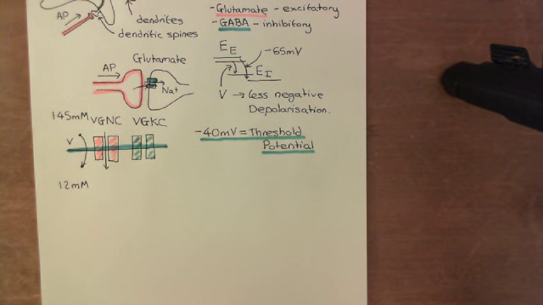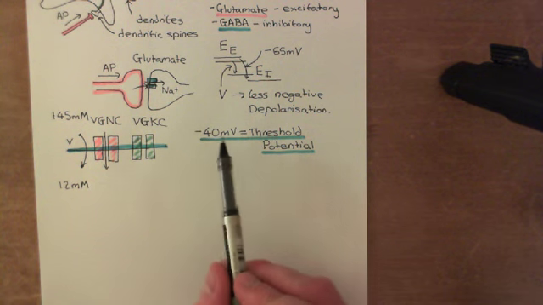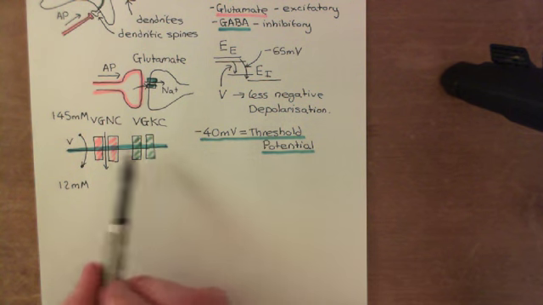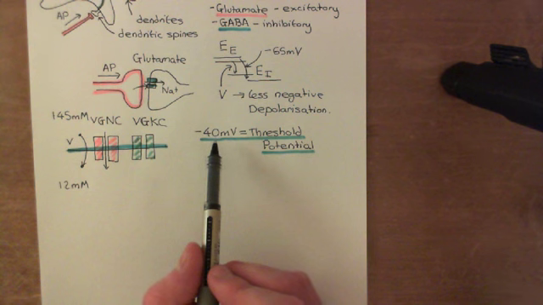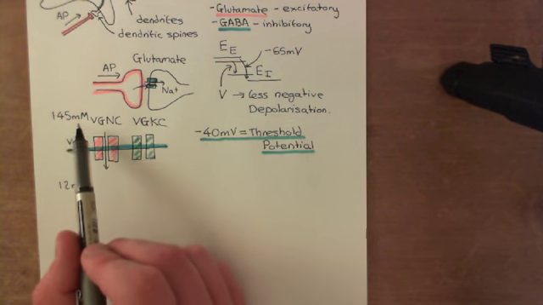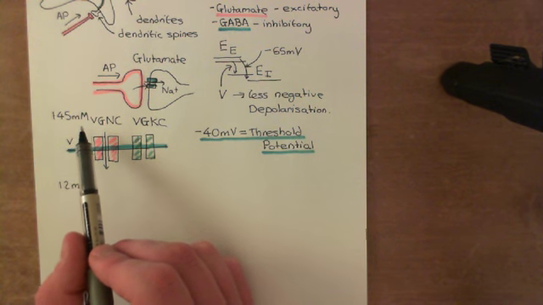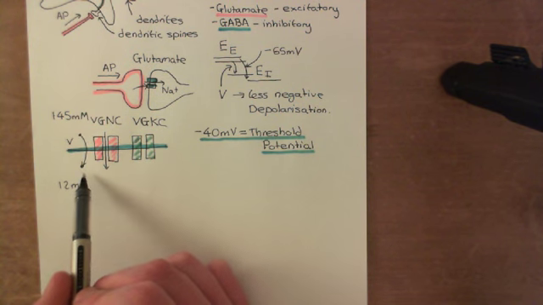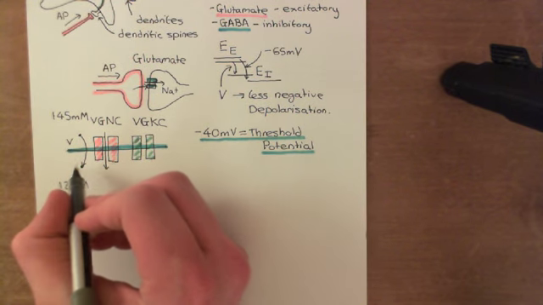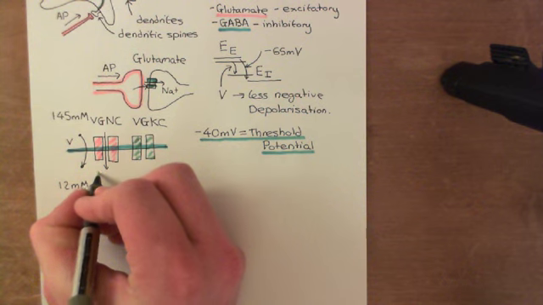You also have to take into account the fact that the electrical potential difference across the cell membrane is currently around negative 40 millivolts. That means that the electrical potential intracellularly is 40 millivolts lower than the electrical potential extracellularly. Sodium is a positively charged ion, so it wants to go where the electrical potential is lower, which is the intracellular compartment. So both the electrical gradient and the concentration gradient are saying move in for sodium.